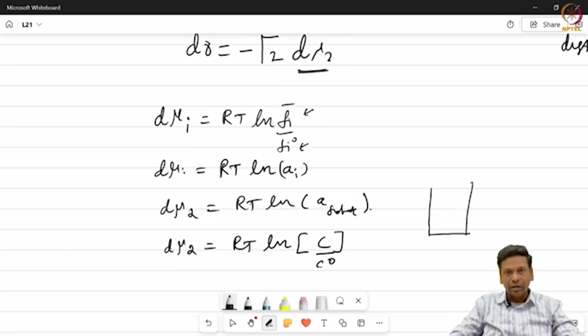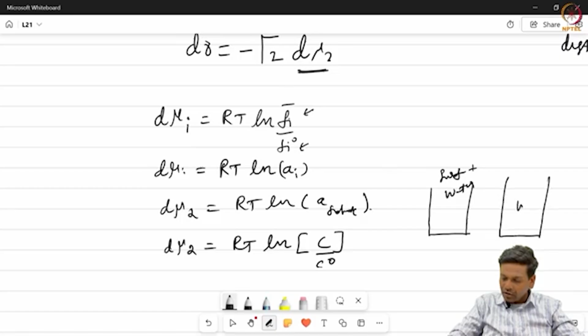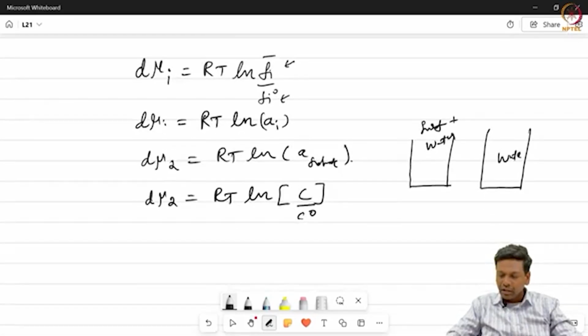So which means that, let's say if you consider a surfactant mixture, so surfactant plus water, right? This is one case, and you have water as a pure component also, right? In that case you have to normalize with respect to the pure water. In this case, C naught will be pure water. Let's say the concentration is expressed in terms of n by V, that is moles per liter.